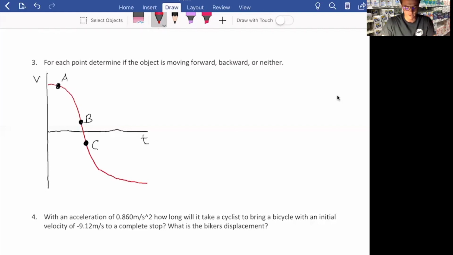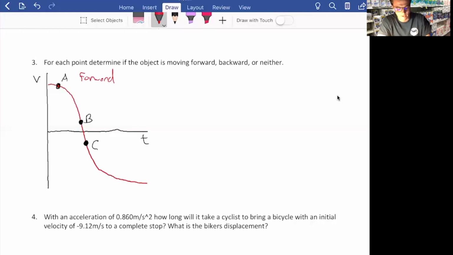We have a positive velocity at A, so that tells me my car is moving forward. It doesn't matter if it's moving forward at a slower rate or a faster rate. This question is simply asking if it's moving forward. So A is moving forward.